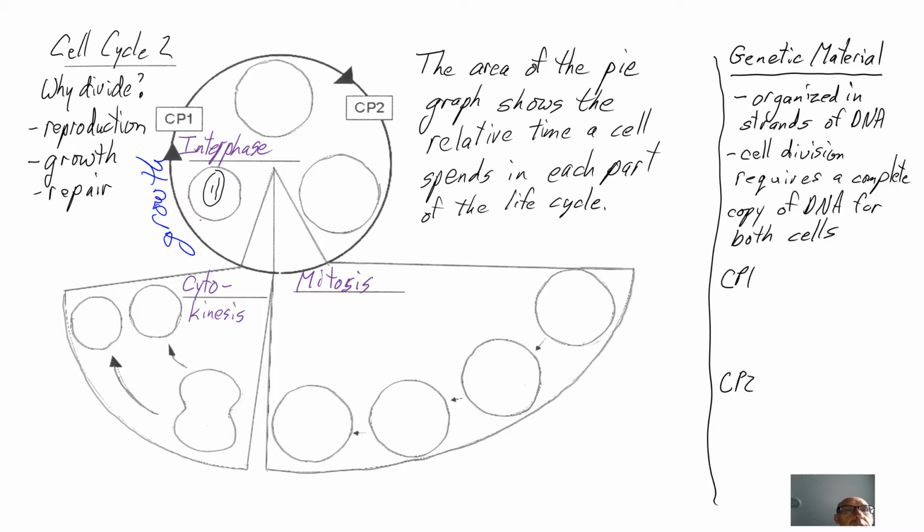So we've got a nucleus, and the purpose of this is to have the cell get bigger. We run into this CP1, which is right there, checkpoint 1.